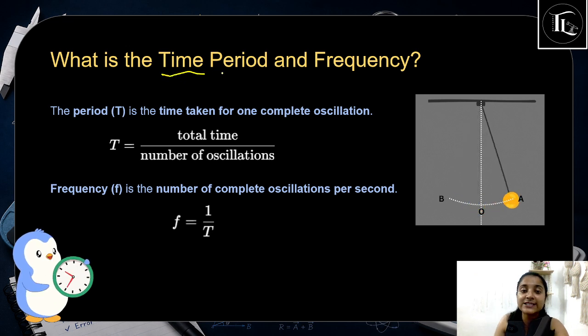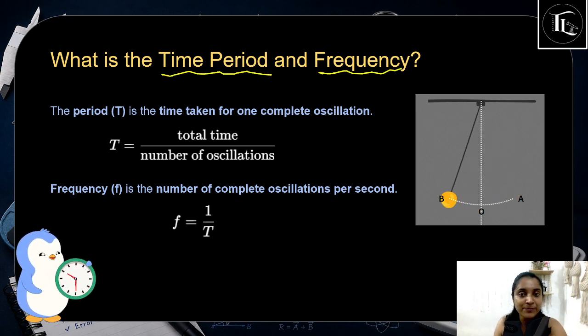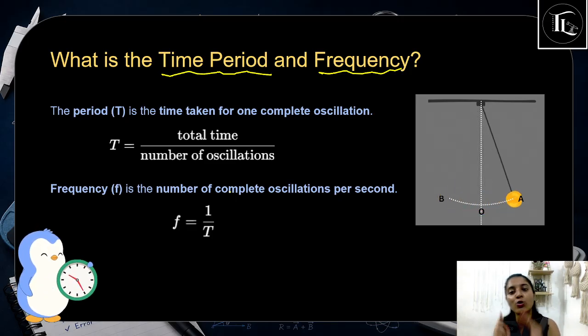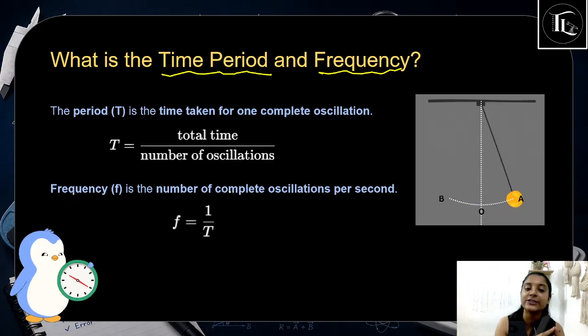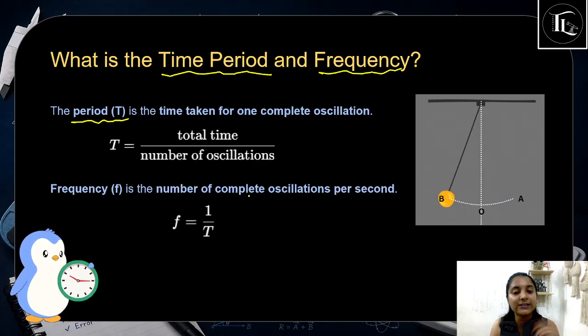Now comes what time period and frequency are. We have to measure these, so we should know them. For one complete oscillation, from A to O to B, B to O to A, the time that it took is known as the period. And how can we find it?